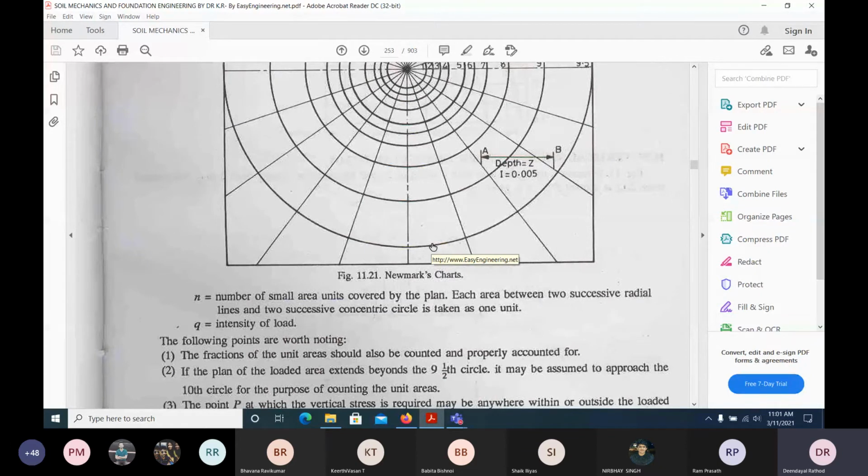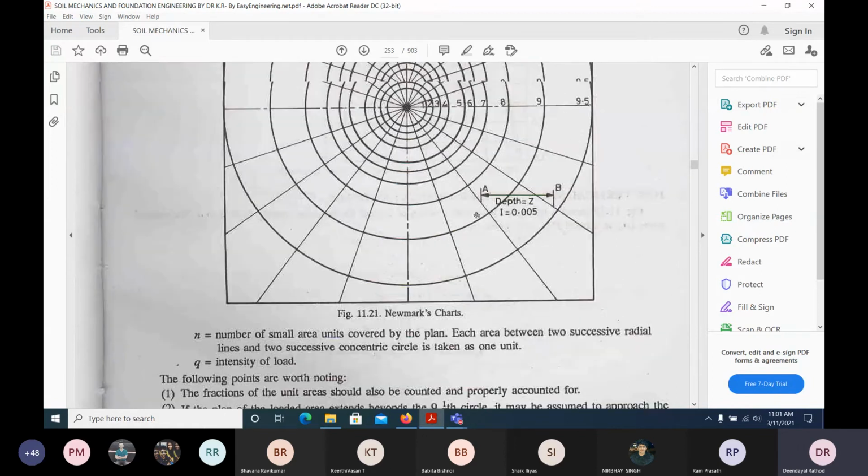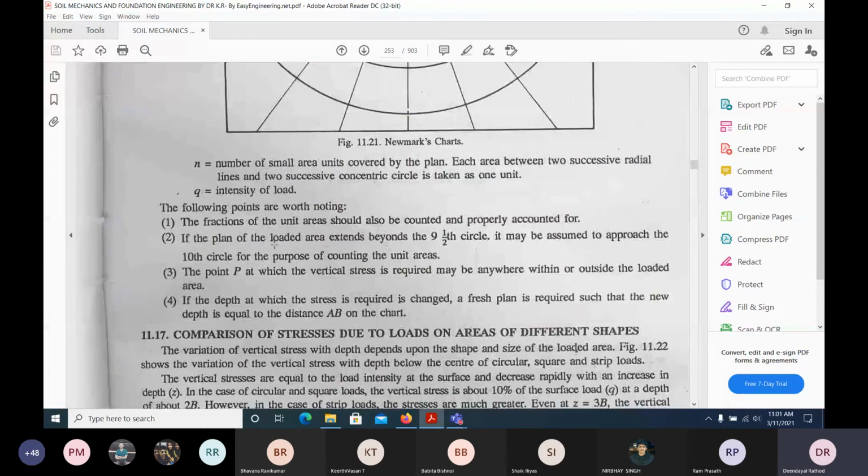When I keep it, the number of small area units covered by that plan is counted. Each area between two successive radial lines and two successive concentric circles is taken as one unit. Based on that, we can find the stress using this Newmark chart.